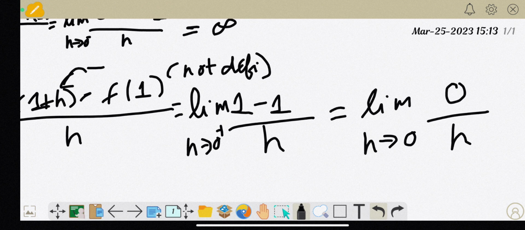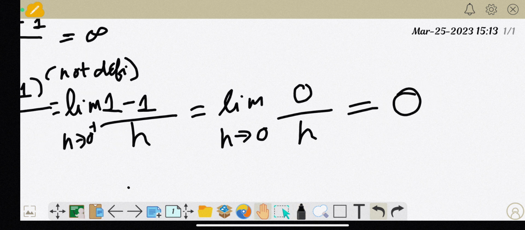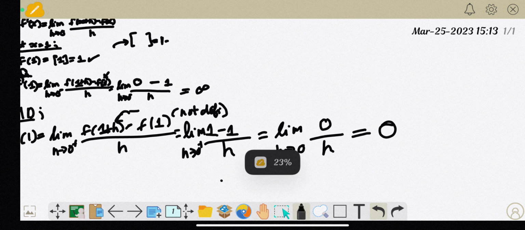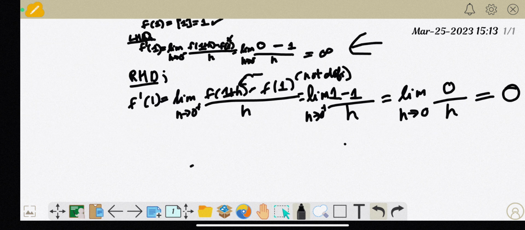Now 0 by anything is 0, so I can just say it is equal to 0. So you can see the left hand derivative is not defined, while the right hand derivative is 0. So at x equal to 1, it is not differentiable.